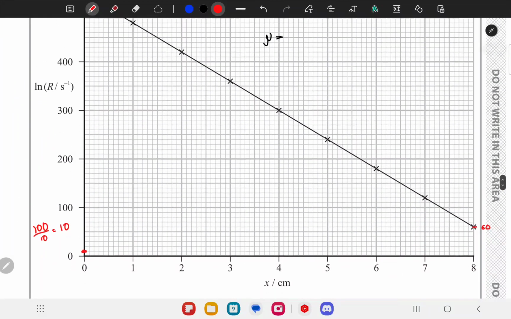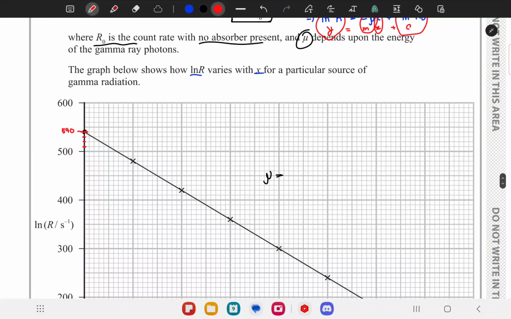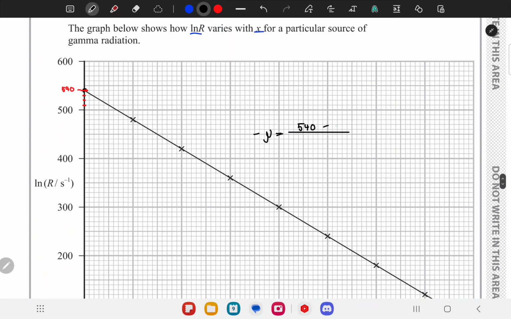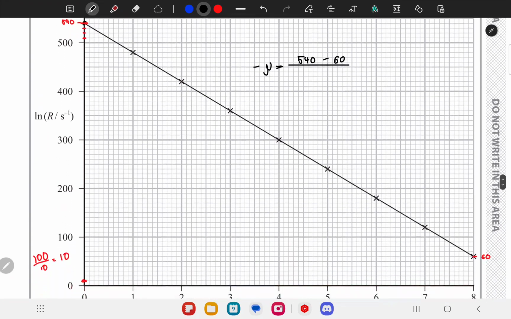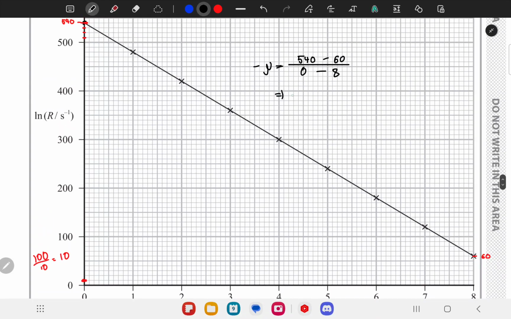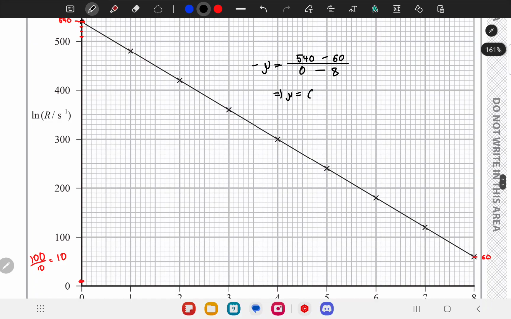And the x values are 0 and 8. So we have 540 minus 60, and we have 0 minus 8, since minus mu is the gradient. So mu would be 60 per centimeter.